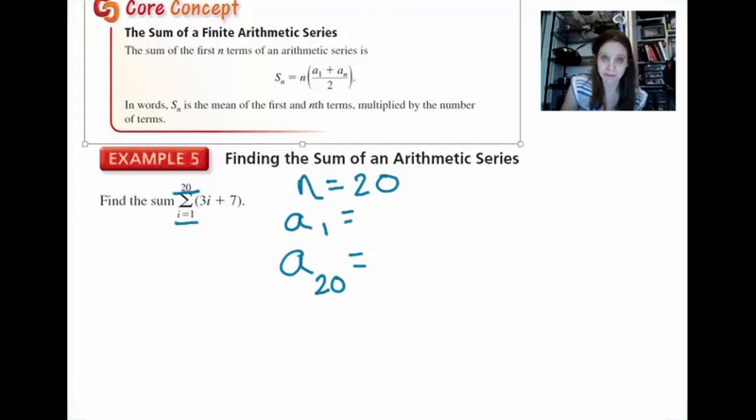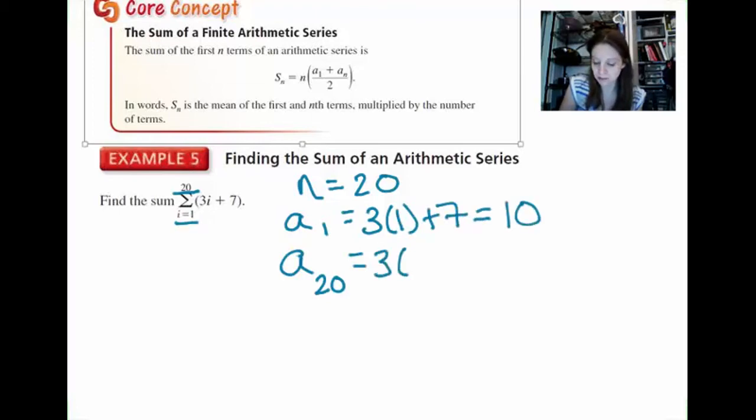Okay, for the first term, that means i is 1. So it'll be 3 times 1 plus 7, which is 10. And the last term, it'll be 3 times 20 plus 7, which is 67. Now I can plug it into the formula.